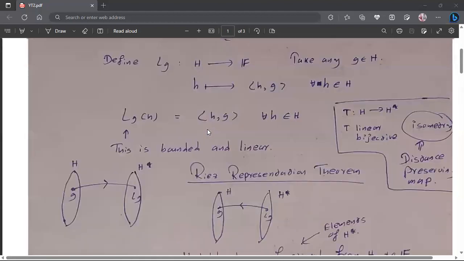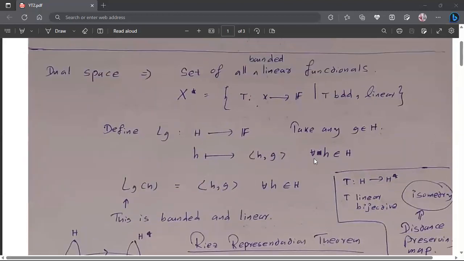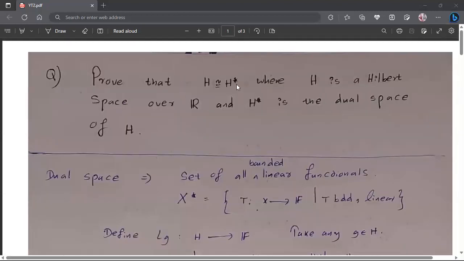Okay, so isometrically isomorphic. What do we have to prove? These two spaces are isometrically isomorphic. Isometrically isomorphic means there exists a function which is bijective, an isometry, and linear.